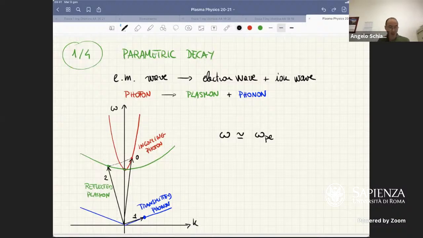electrons. And this, if you might remember, it means that the density of the electron has to be close to the critical density, which is where the plasma frequency is equal to the frequency of the wave.